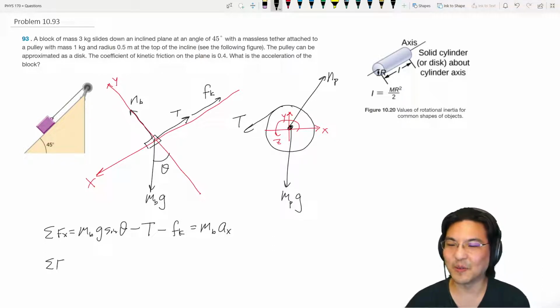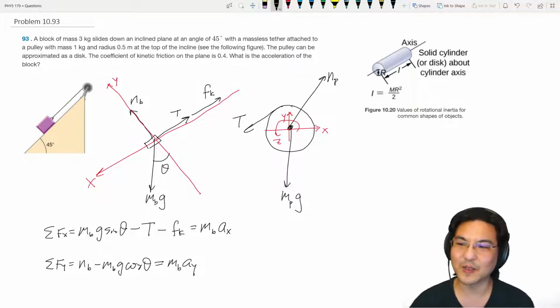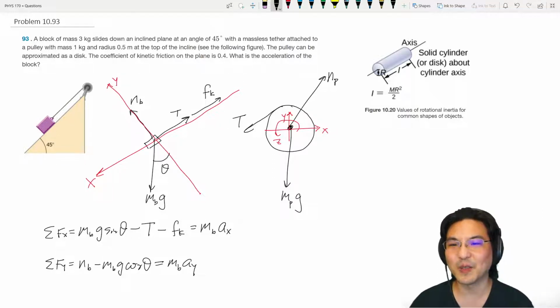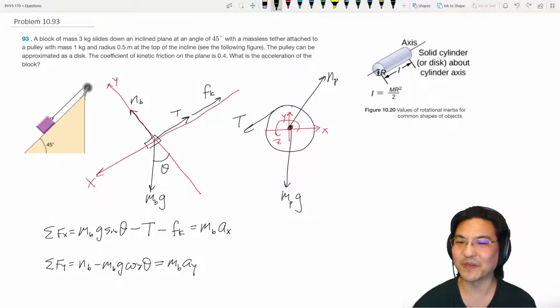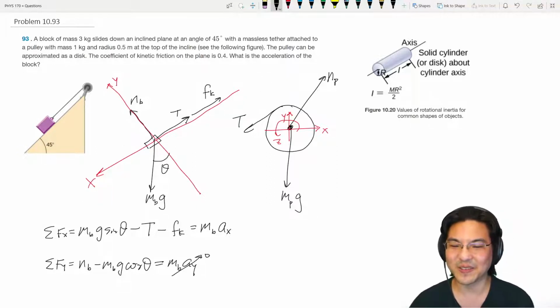Okay, in the y direction, we got normal force minus mB g cosine theta. I think that's it, right? Mass times the y component of acceleration. Now, since the block is only moving this way, there is no y component of the acceleration. So that's 0. That's nice.